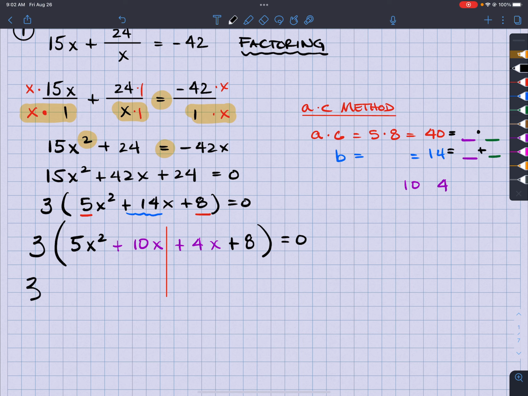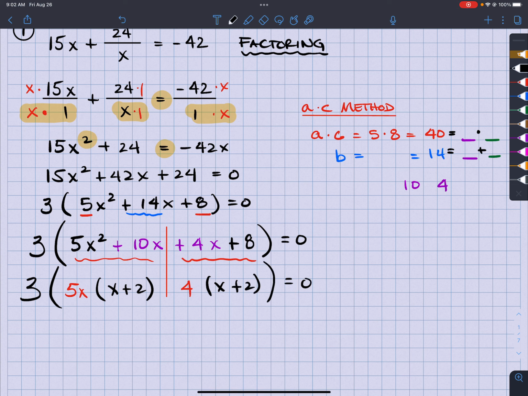So the 3 is still there. My GCF of the first group here is going to be a 5x, leaving me with x plus 2. The GCF of the second group here is going to be a 4, leaving me with x plus 2.